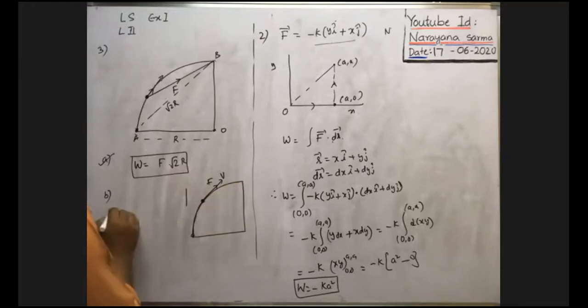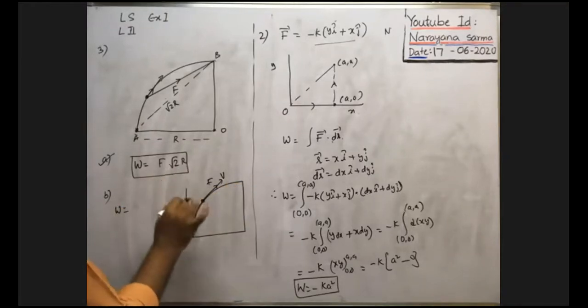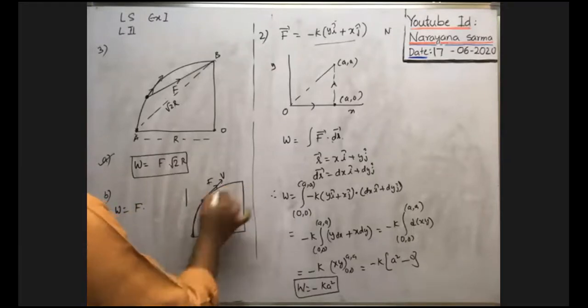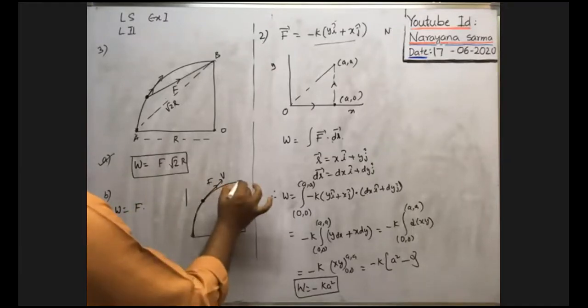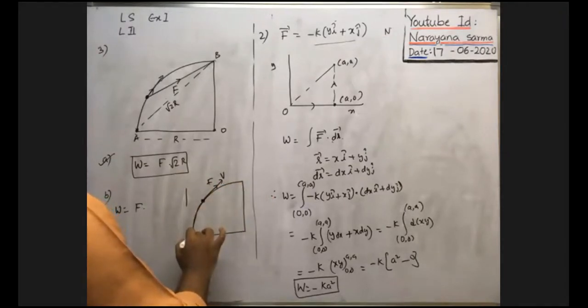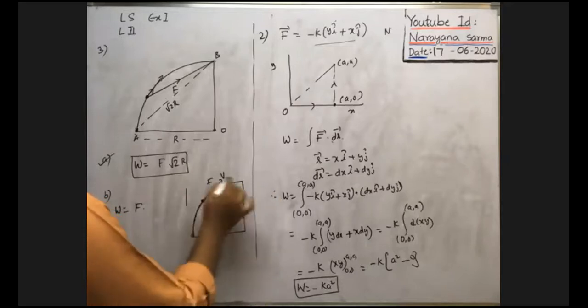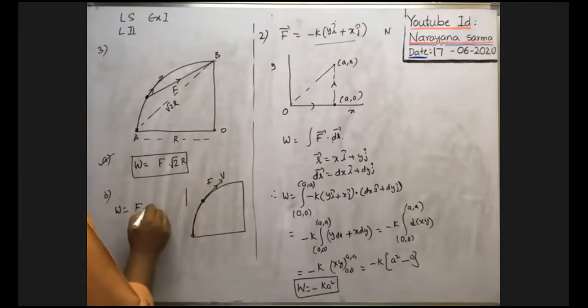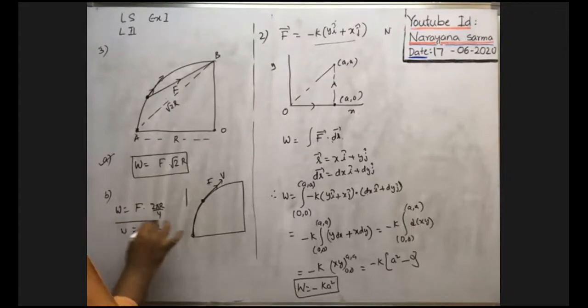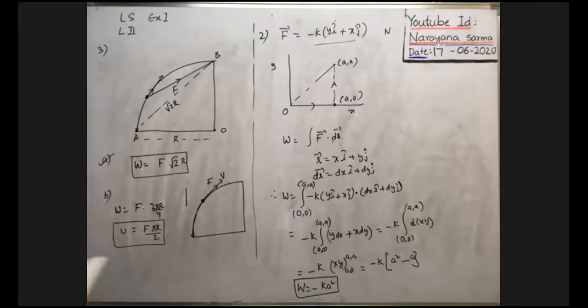That's why the total work done is force into the distance traveled, which is the total length of this path. That is one fourth of the circumference, because it is a quadrant of the circle, so 2 pi r by 4. Therefore the work done is F into pi r by 2. This point I already said too. F pi r by 2 is also correct.